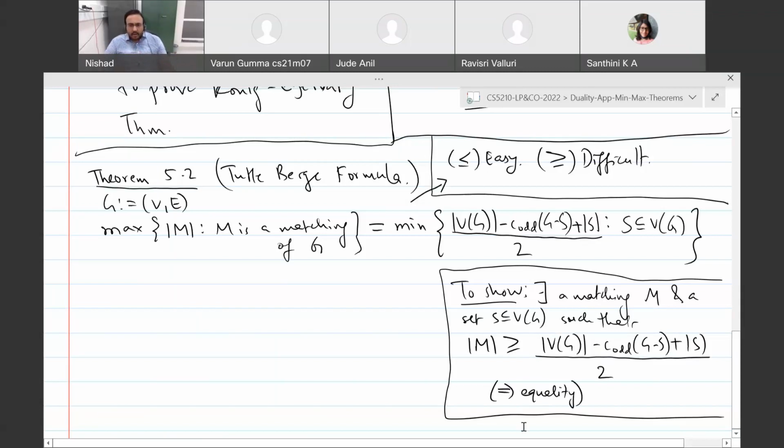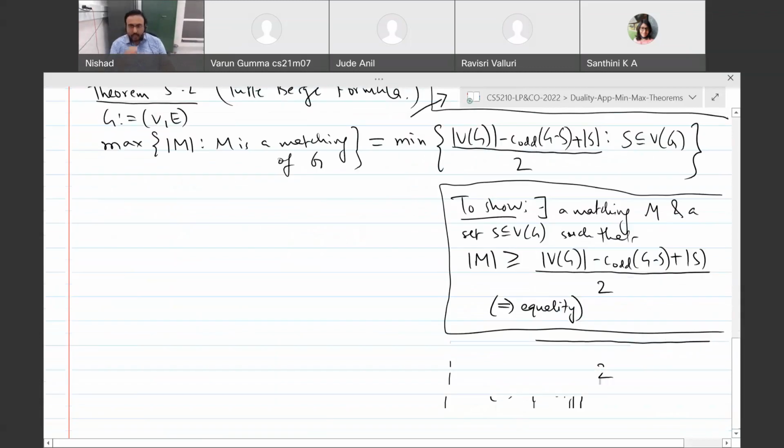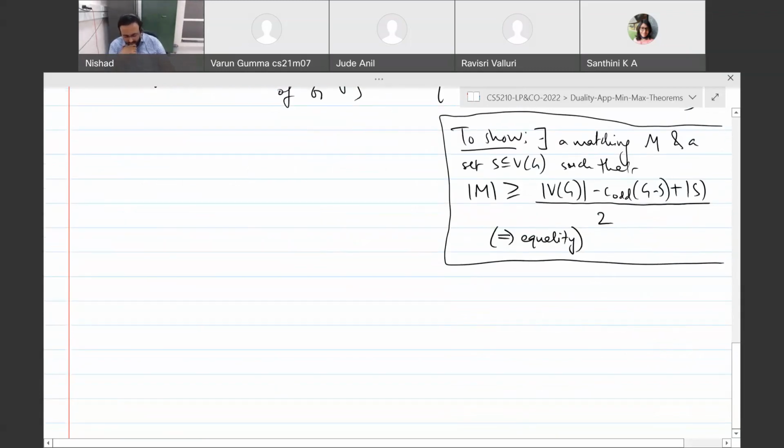All right. So we are going to need a few ingredients in order to prove this. Supposing you get such a matching and such a set where the thing holds with equality, we will call such a set a barrier.